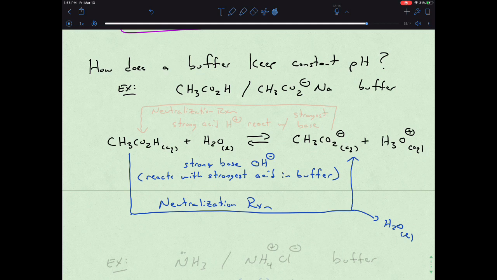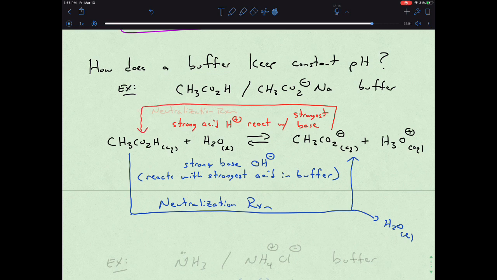We can also envision the other process by adding strong acid. If I add strong acid, or H plus, again, it's going to react with the strongest base of the solution, and that would be acetate.